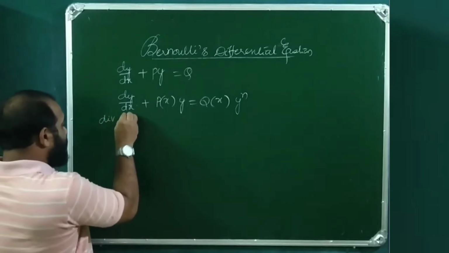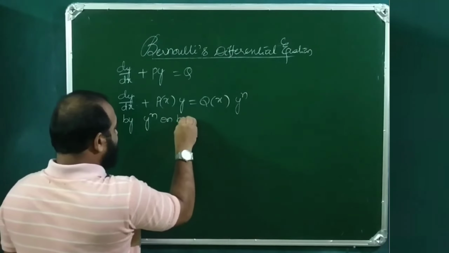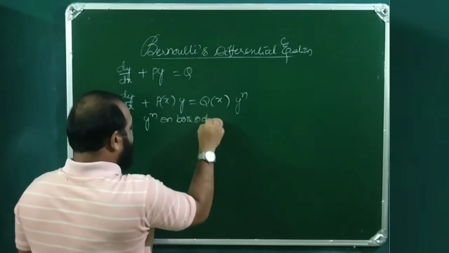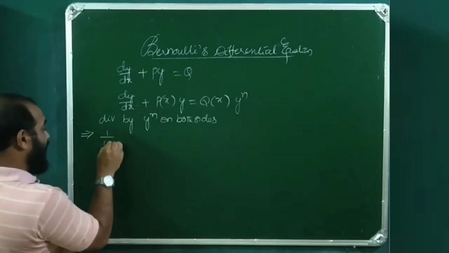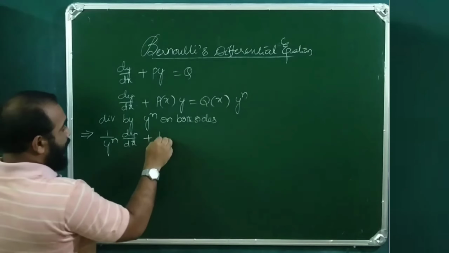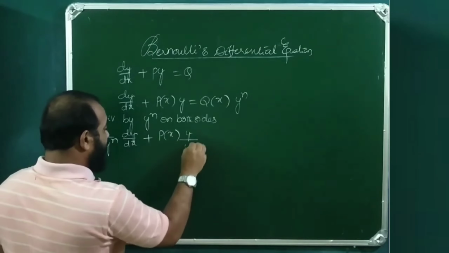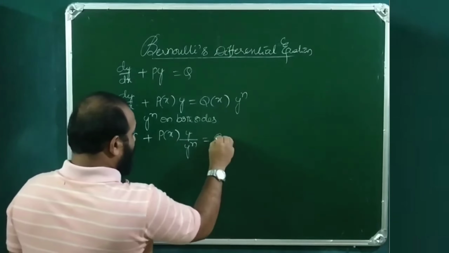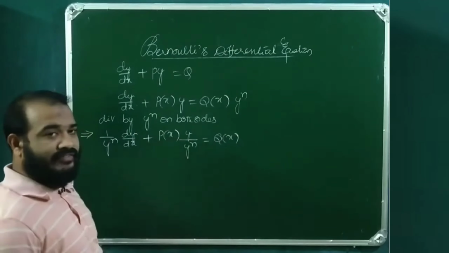Dividing by y power n on both sides, this is equals to 1 by y power n dy by dx plus p of x y by y power n is equals to q of x y power n by y power n.